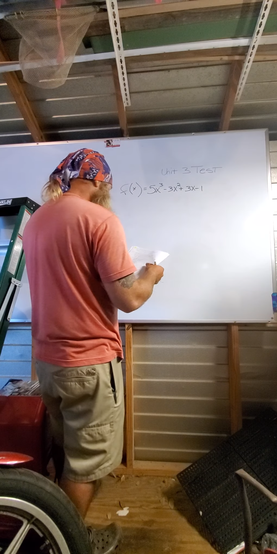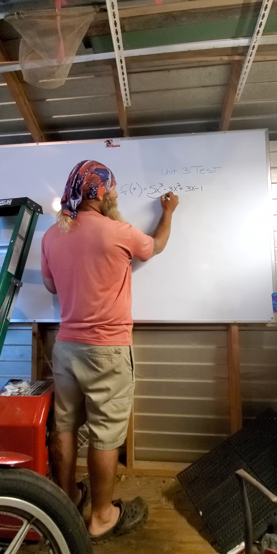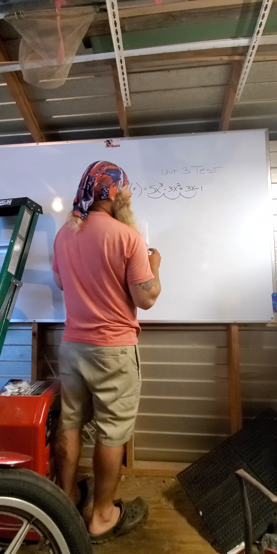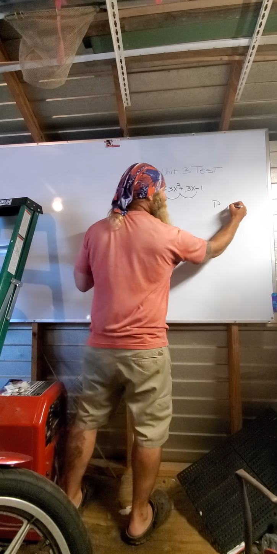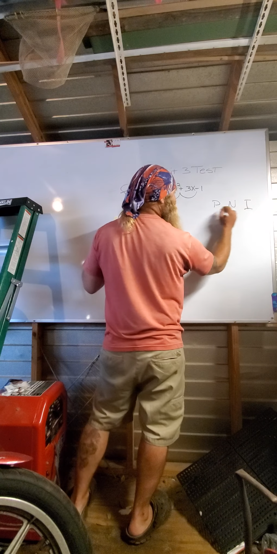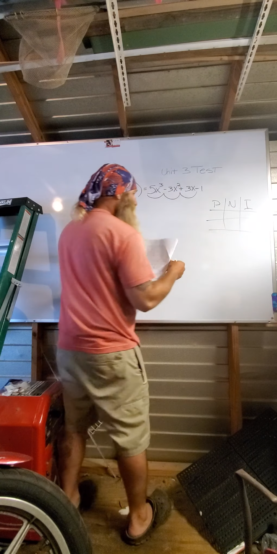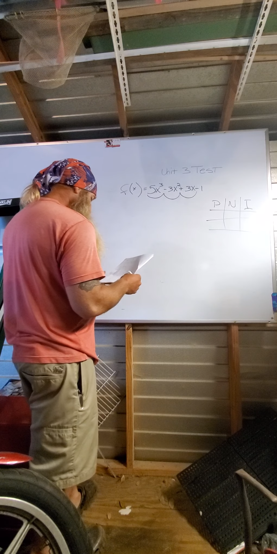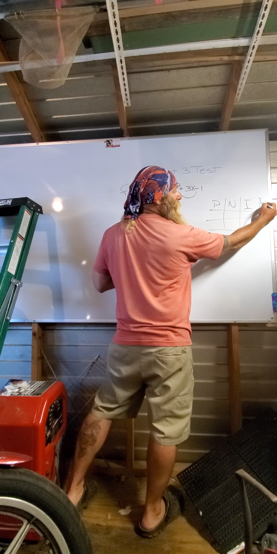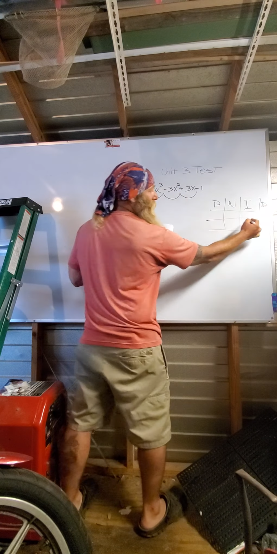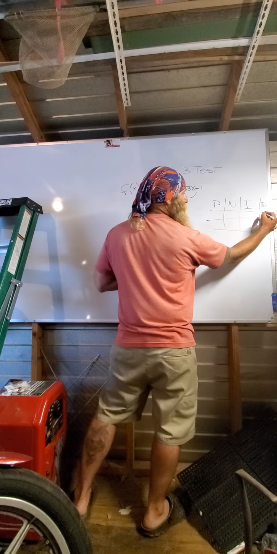Okay, and using Descartes' rule of signs, the signs change from 1, 2, 3 times. Signs change 3 times. So let's make up a table over here. Positive, negative, and imaginary. I kind of always put a total over here just to help me. So I know I have 3 changes.